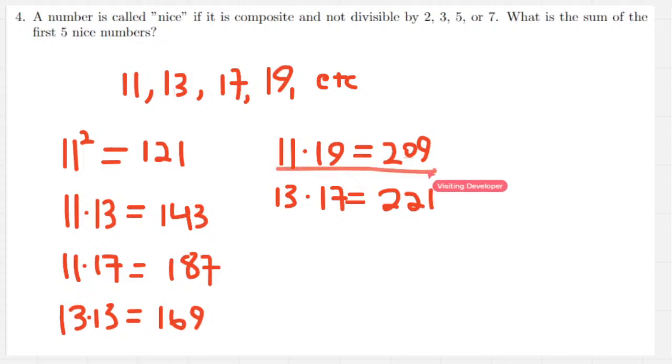And it turns out that this is actually less. So now we have our first 5 nice numbers: 121, 143, 187, 169, and 201. And so we just take the sum of these 5 numbers, which should give an answer of 829.